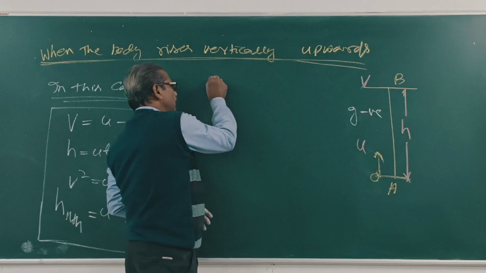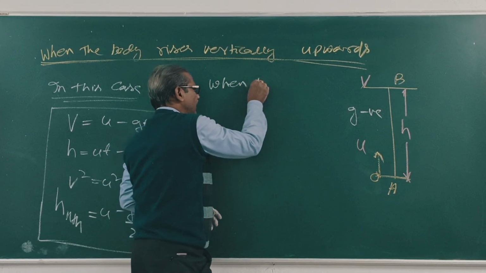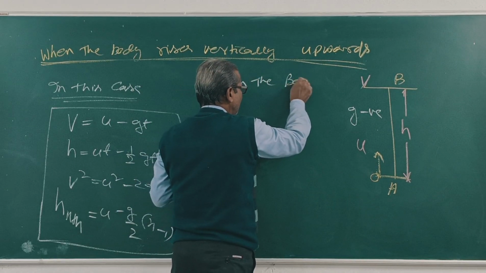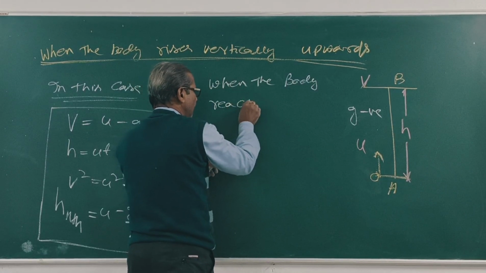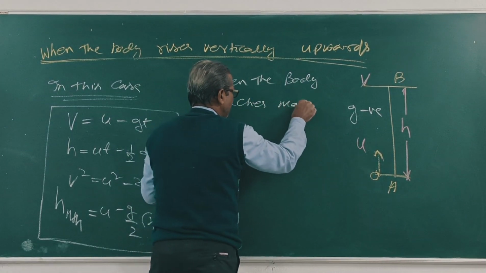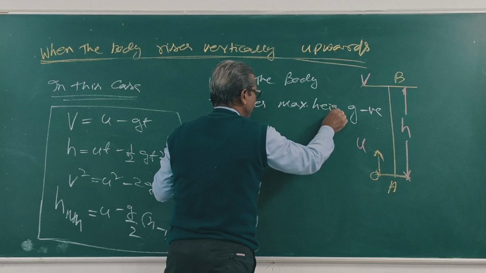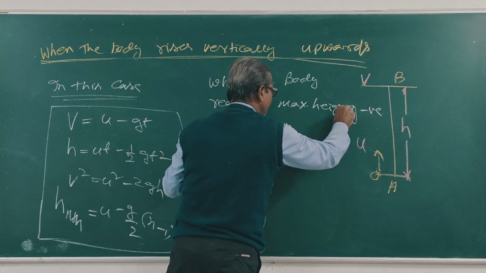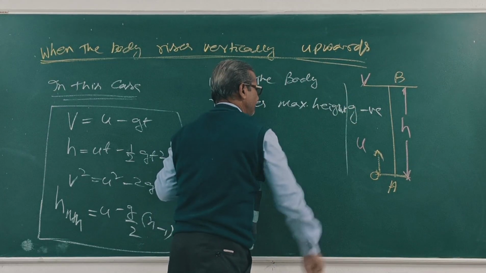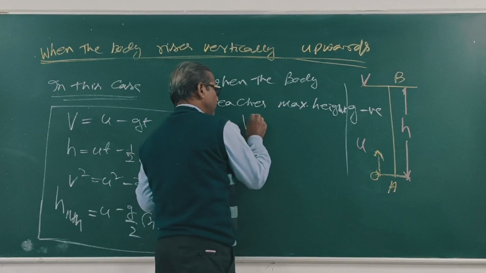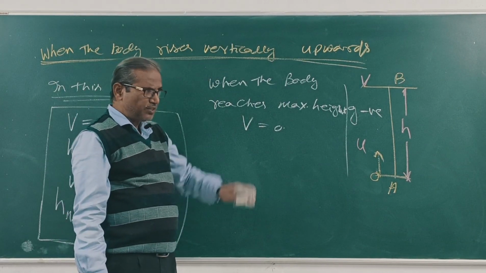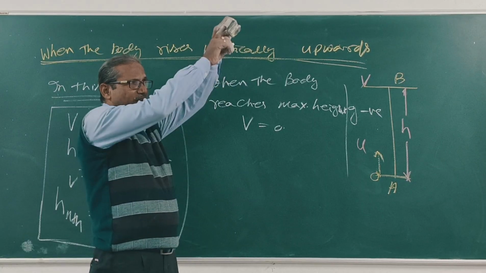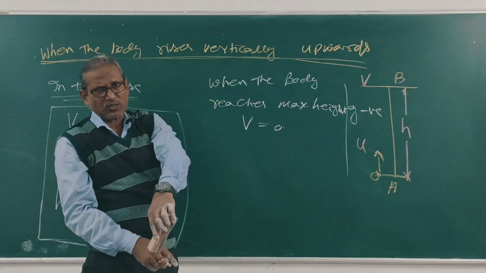So when the body reaches maximum height, v equals 0, and again the body moves downwards.